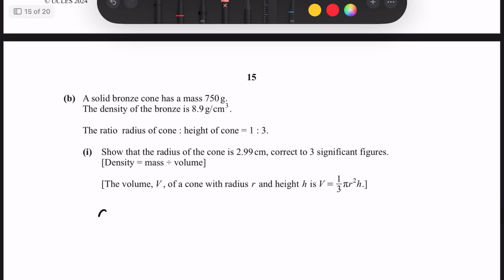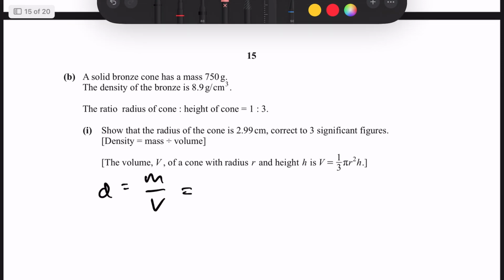So density is equal to mass divided by volume, and the volume of the cone is equal to 1/3 pi r squared h, as shown in this formula over here. The mass of the bronze cone is equal to 750 grams, and the density is equal to 8.9.